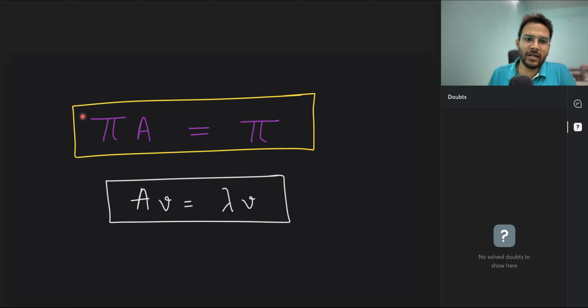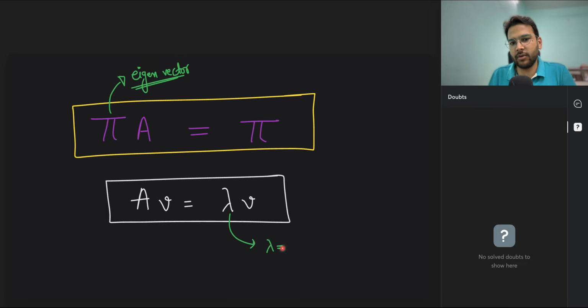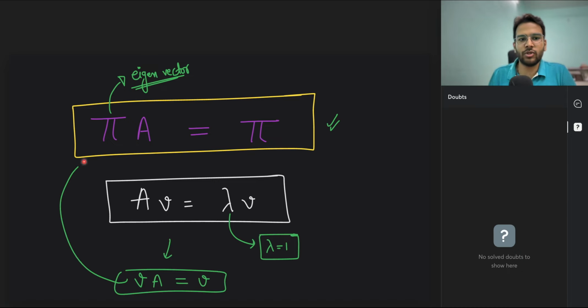So can I also say that this pi is nothing but the eigenvector here? Yes or no? Right? And here we can consider that the eigenvalue lambda is equal to 1. For our case, we can say that here the eigenvalue will always be equal to 1, right? Or you can just rearrange this and write it like this also. So these two equations are the same, right?